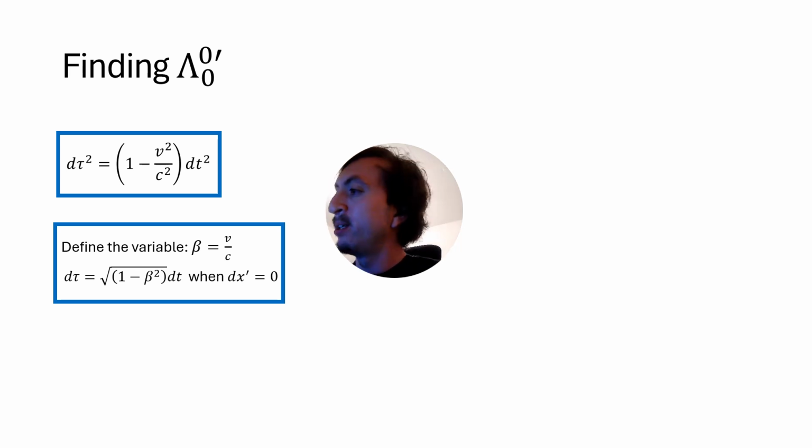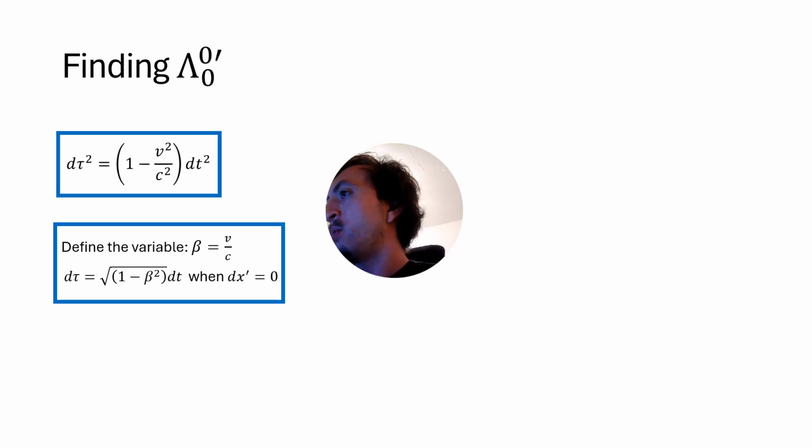It doesn't matter too much for this video, but in future videos I will start to talk about proper time, so it's good to get used to it here. So the time dilation equation we had before, relating the space-time interval in the primed and non-primed frame, can be rewritten in the form of the top equation.